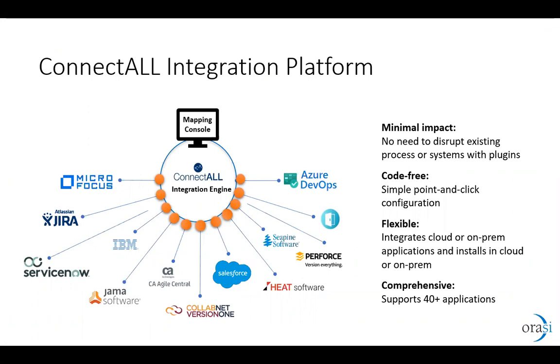So we were talking about ServiceNow linking to Jira, linking to Azure DevOps. ConnectAll supports over 40 tools, 40 endpoints, and has the capability to support custom endpoints as well. And so you can literally build any kind of integration platform across any number of tools with this technology.